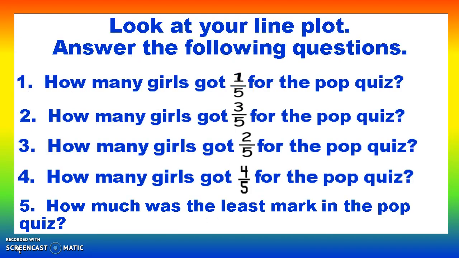Look at your line plot. Answer the following questions. How many girls got 1/5 for the pop quiz? Correct. Only 1 girl got 1/5 for the pop quiz. How many girls got 3/5 for the pop quiz?